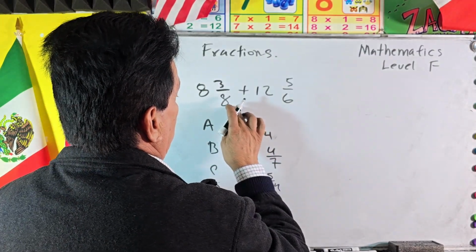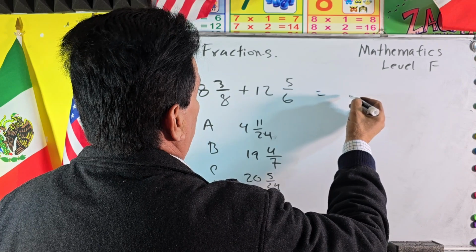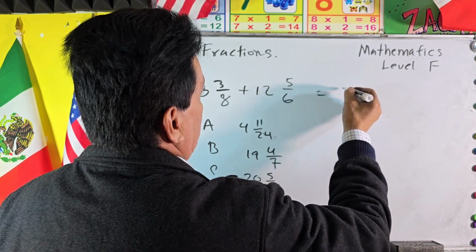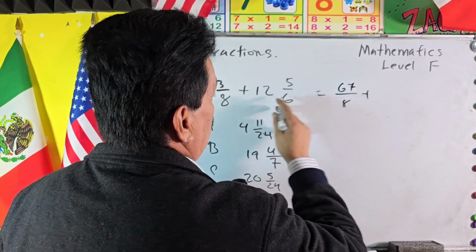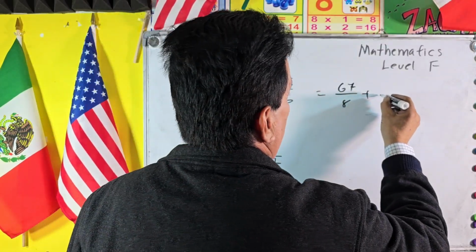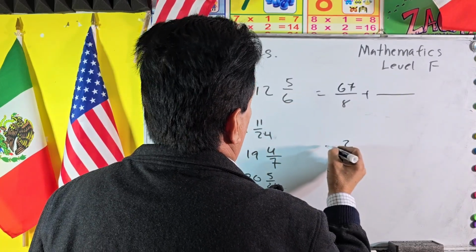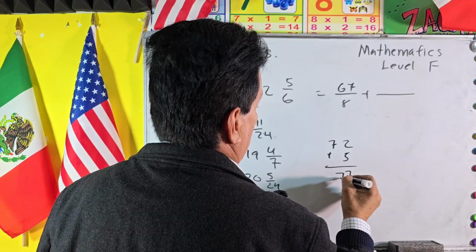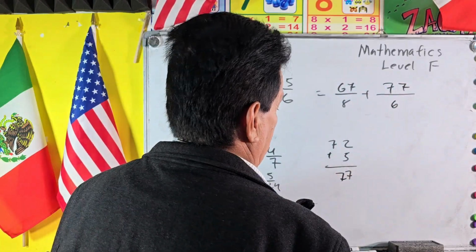We have 3 times 8, right here, and just multiply here. 5 times 6.